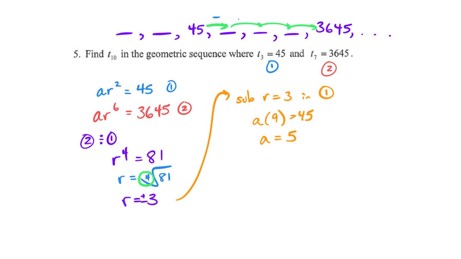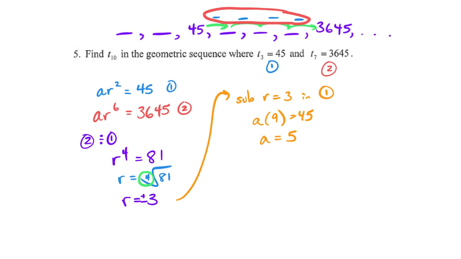But if I multiply by a negative, then the next term's positive. If I multiply by another negative, the next term's negative. And because I have an even number of r's in there, my r value could have been negative, and I'd still have that purple sequence. That will be the most common mistake you make, is in not considering the positive or the negative.